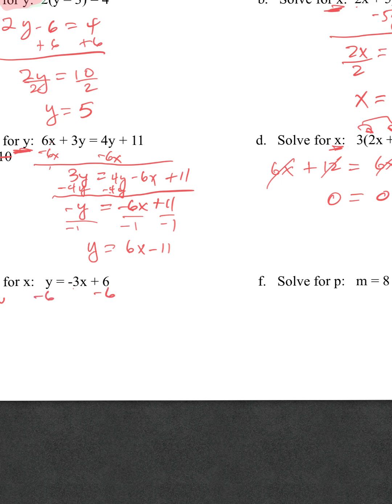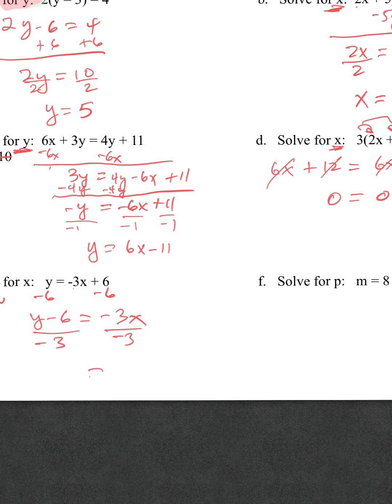Again, don't get confused because we're not solving for y to set it up in slope-intercept form, but we are solving for x, okay? So then we have y minus 6 equals -3x, and the last thing that's done to x was multiplied by -3, so that means we divide everything by -3.